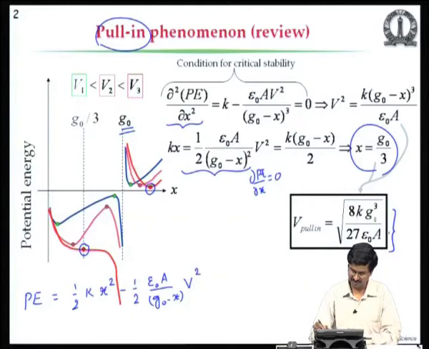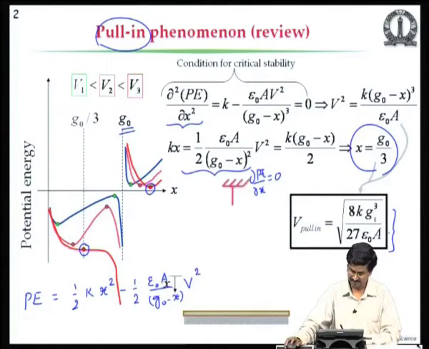It depends of course on the spring constant k, that is the stiffness of the structure. Remember that this k is simply a lumped parameter indicator of the stiffness of the structure, and g naught is the gap between the 2 electrodes of the parallel plate capacitor, epsilon is the permittivity, if it is a free medium air, and A is the overlapping area of the plates.